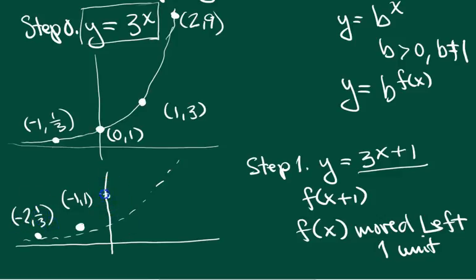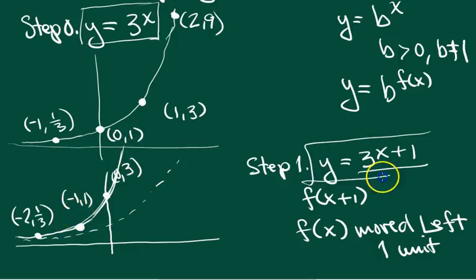I have 0, 3. I'm going to plow right through that to get to 1, 9, and so on. So I pick up my original graph and move it all left 1 unit. So this is real old school graphing.